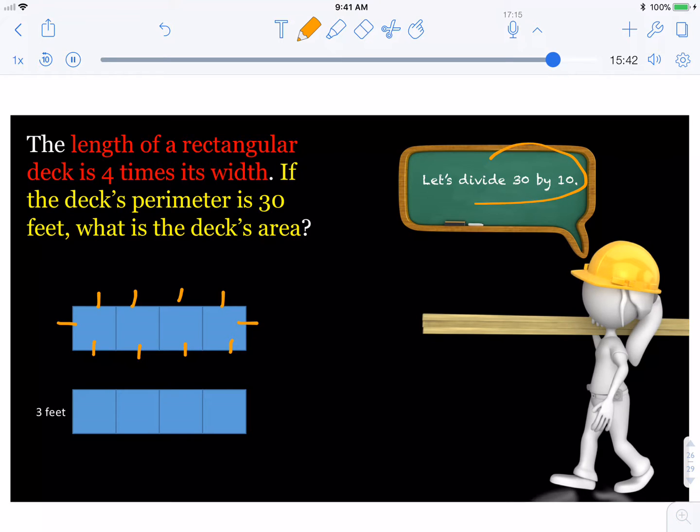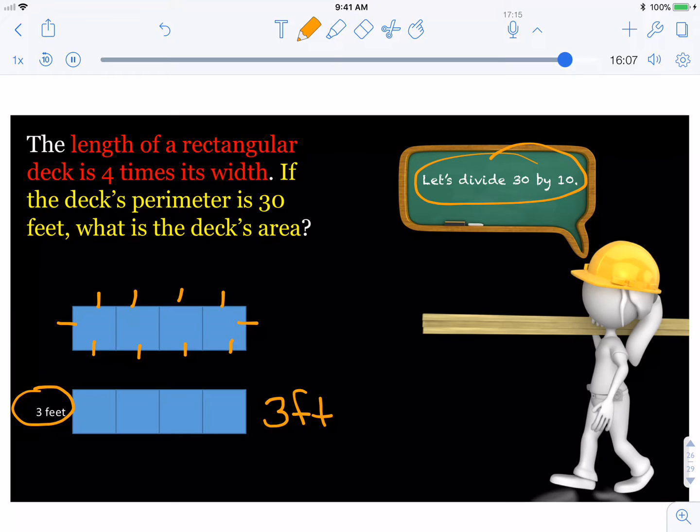So I would divide 30 by 10. 30 divided by 10 is 3. So if one side is 3, that means the other side is 3 feet. So now I have 3 plus 3 is 6. 6 plus what equals 30?